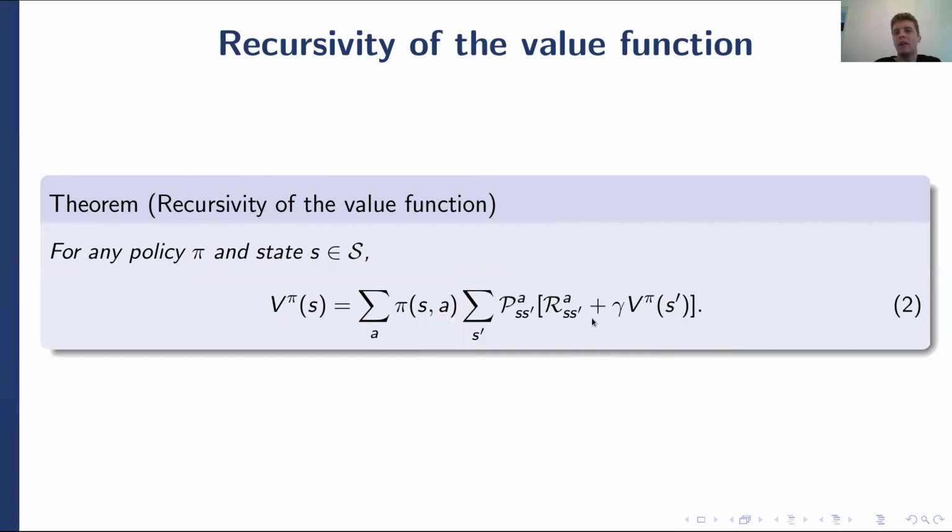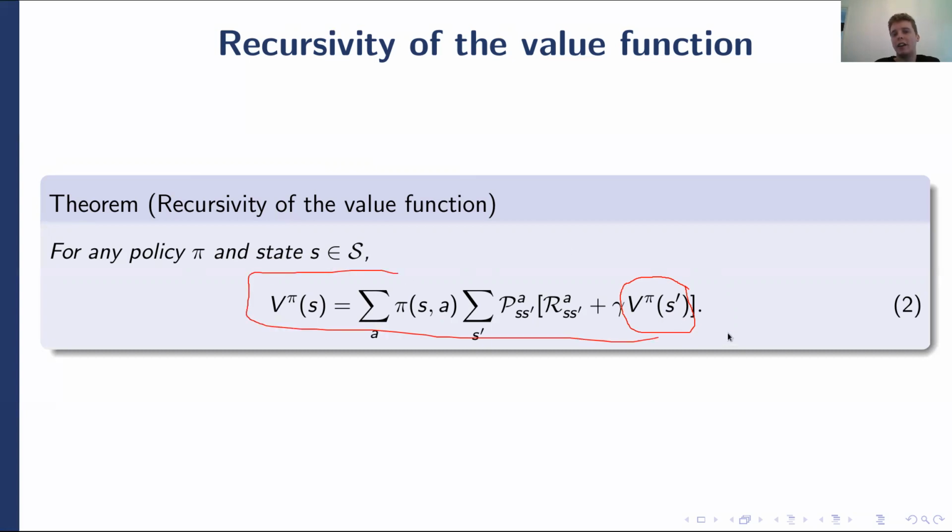So the value of a state under policy pi is the sum for all actions of the probability of taking a specific action for that state, of the sum over all other possible states of the probability of transitioning from your original state to that new state when using the action, times the immediate reward that you should observe on transitioning from state S to state S prime, given the action A, plus a discount factor times the value under the policy pi of the state that comes later.